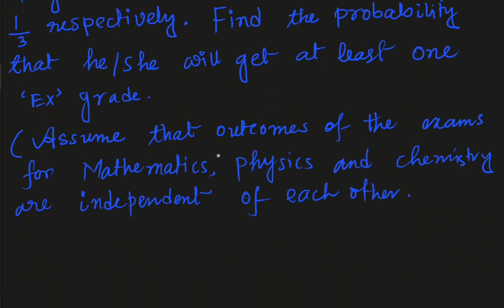Then what is the probability that he or she will get at least one X grade? And here the inbuilt assumption is that the outcomes of the exams for mathematics, physics and chemistry are independent.